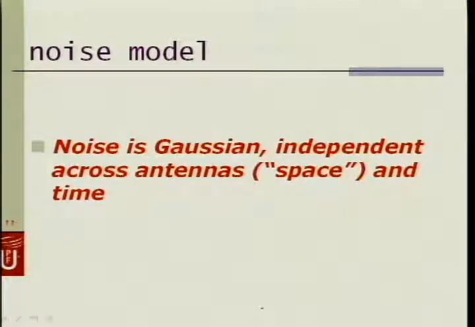In the calculation, the noise model is Gaussian noise, assumed to be independent across antennas and across time. So this is called spatially and temporally white. How about the channel model? Well, there are many.